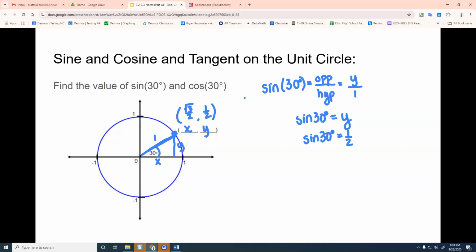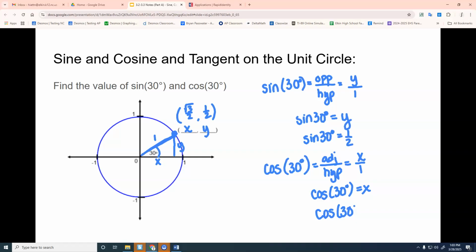For that, cosine of 30 degrees, that would be adjacent over hypotenuse. And so the adjacent side here is x over 1. So my cosine of 30 degrees is going to be the x coordinate of that point. So cosine of 30 degrees is square root of 3 over 2.